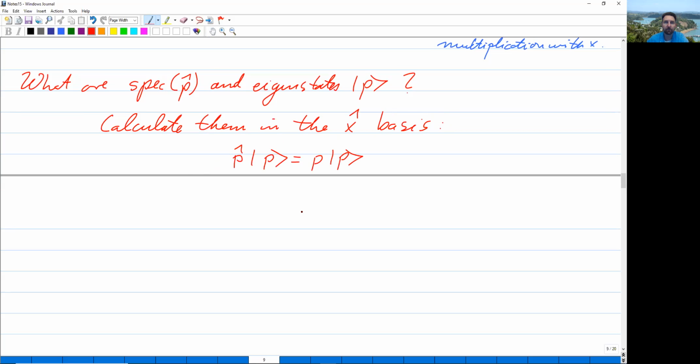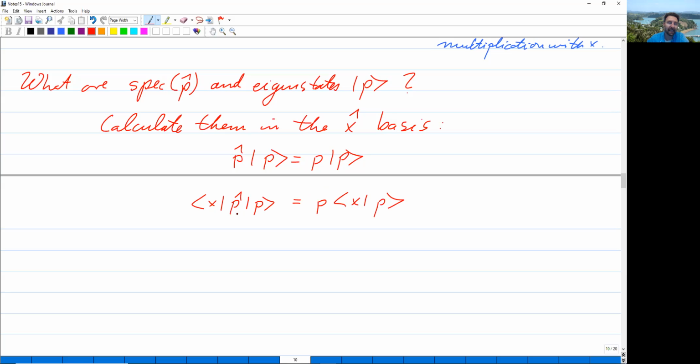This is the equation that we abstractly need to solve. We need to find out, for example, what real numbers p can occur here. So we do this in the position basis. So we obtain x p hat p equal to p and then x p. So I've just multiplied from the left with a bra vector of x.